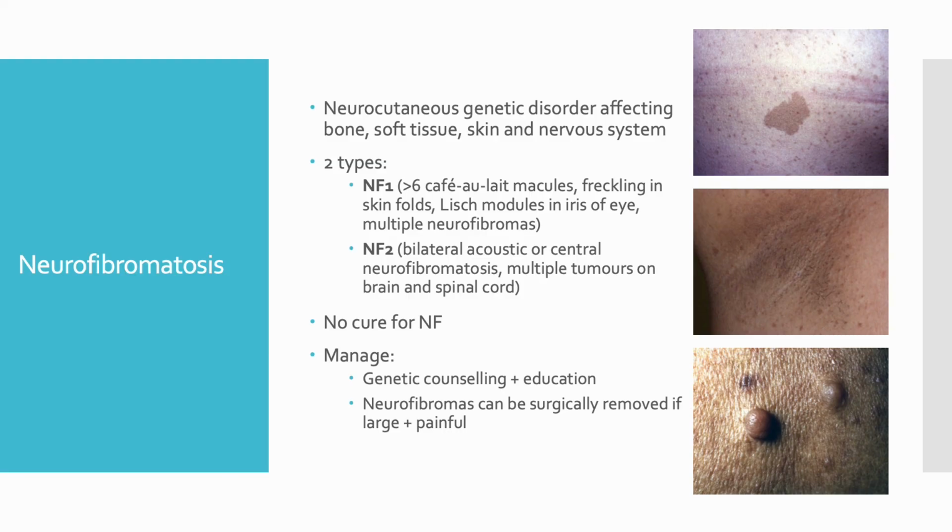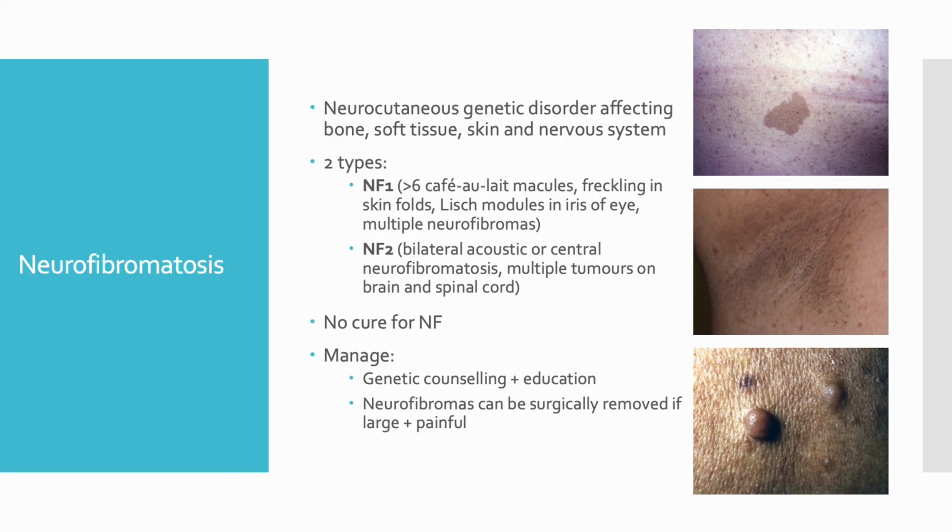There may also be small lesions evident on the iris called Lisch nodules, and there may be multiple cutaneous neurofibromata, which present as small, indentable, soft tumours that can occur all over the skin.